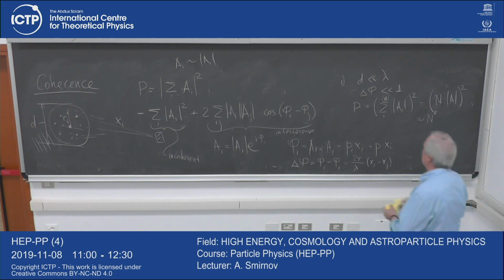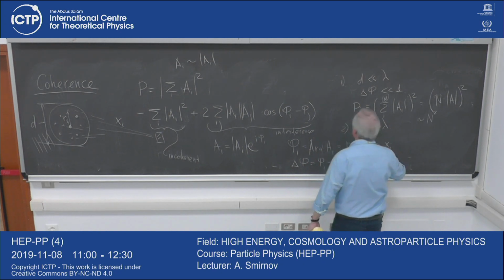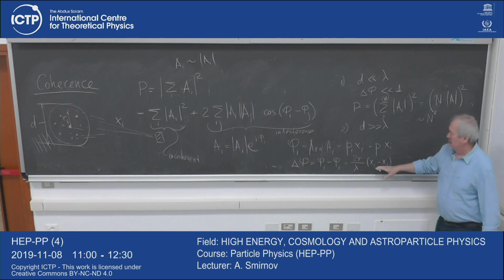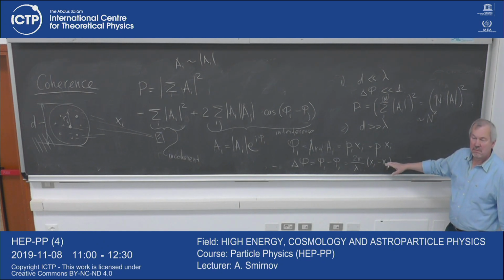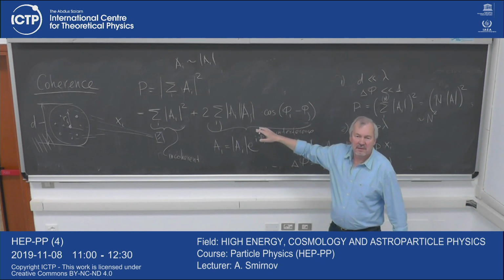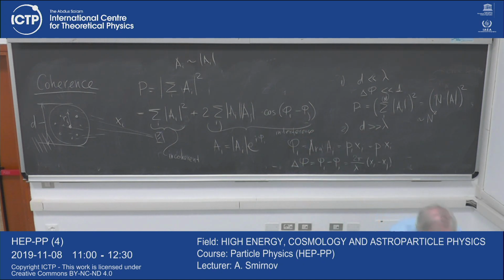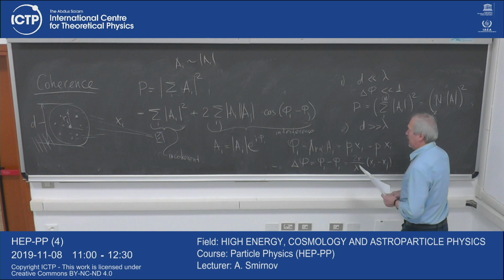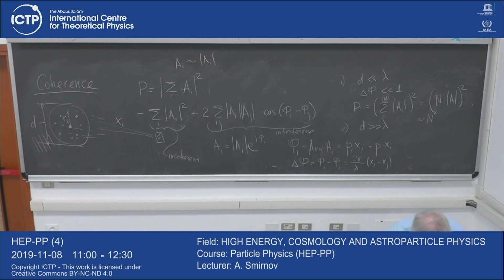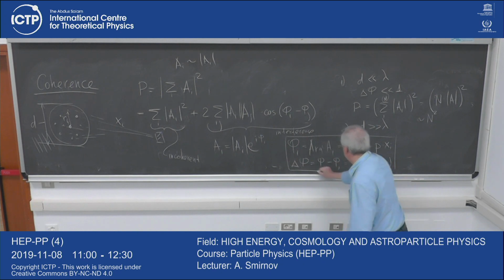Now the second case, when d is much bigger than lambda, then the phase difference is big. Therefore, these terms will have different phases and will cancel, substantially reduced. So then what is left is just the first term. Here are our expressions for the phase difference.